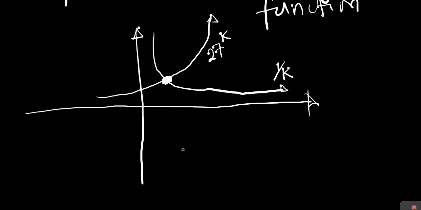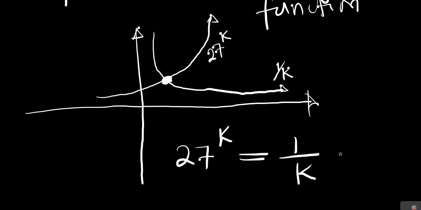This simply means that this equation has only one solution, because this is the only point where they meet. This function will continue to grow this way, and this decreasing function will continue to fall this way, so there is no point where they are going to meet again.